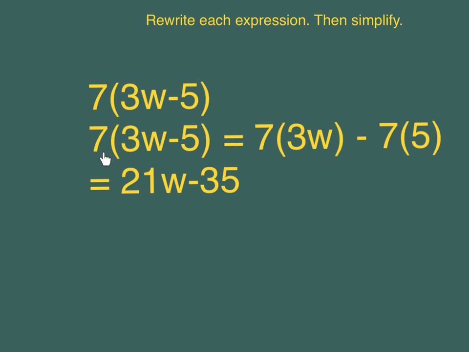So we multiply 7 by the first term. So 7 times 3w gives us 21w. And 7 times 5 gives us 35, and there was a subtraction sign that we need to bring down. So our final answer is going to be 21w minus 35.